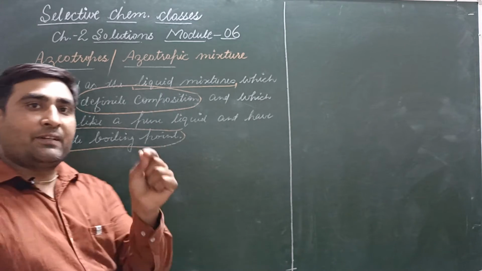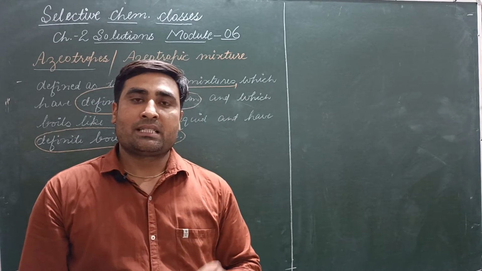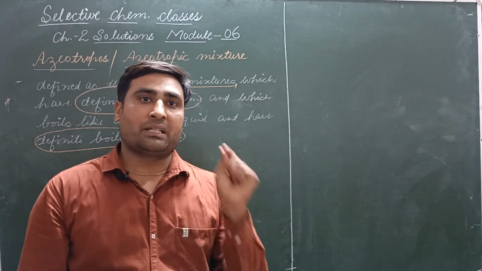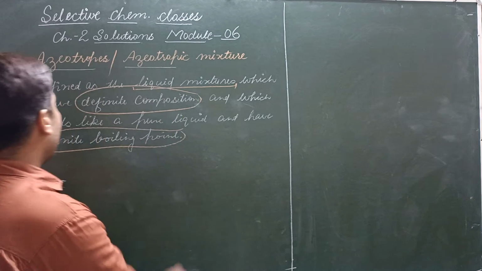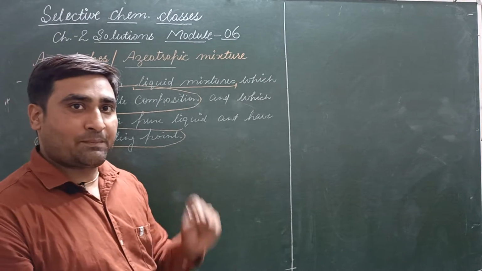As water has a definite boiling point, that it boils at 100 degrees Celsius, similarly the azeotropic mixture will boil at a particular temperature. So azeotropic mixtures are of two types. Let's explain them one by one.